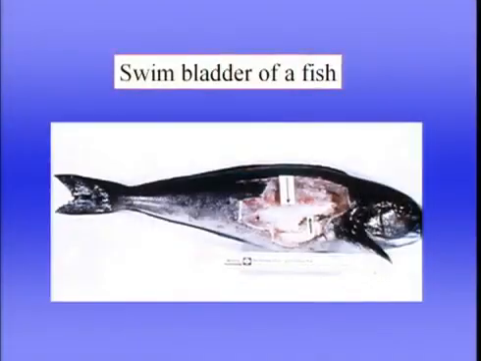One of the reasons why he felt that this was likely is that he was aware of the swim bladder in the fish, which is shown here. The swim bladder is the organ that regulates buoyancy in the fish, and he was aware of the fact that the partial pressure of oxygen in the gas in the swim bladder could be far above the partial pressure in the water surrounding the fish.